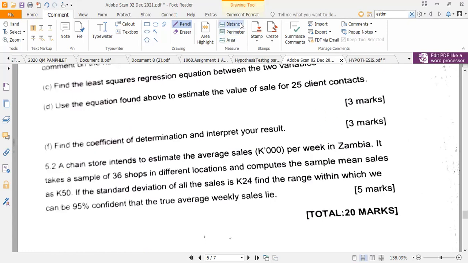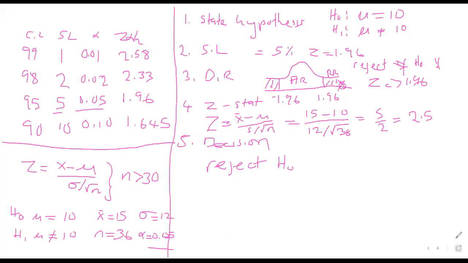Otherwise, hypothesis testing is very easy. This is what you're supposed to do. We can try.